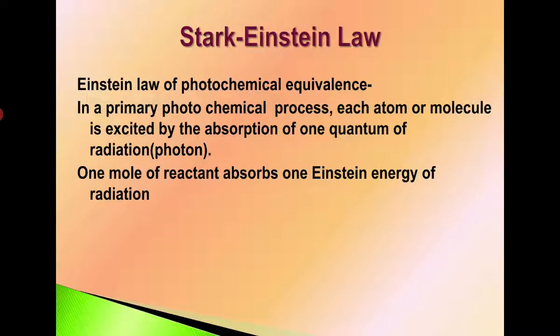Let us see the second law. The second law is the Stark-Einstein law. This is the second law of photochemistry, and it states that in a primary photochemical process, each atom or molecule is excited by the absorption of one quantum of radiation. One mole of reactant absorbs one Einstein of radiation.